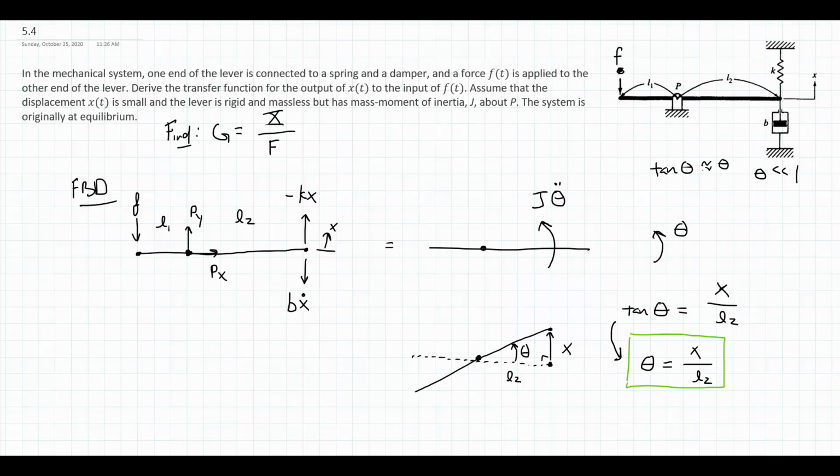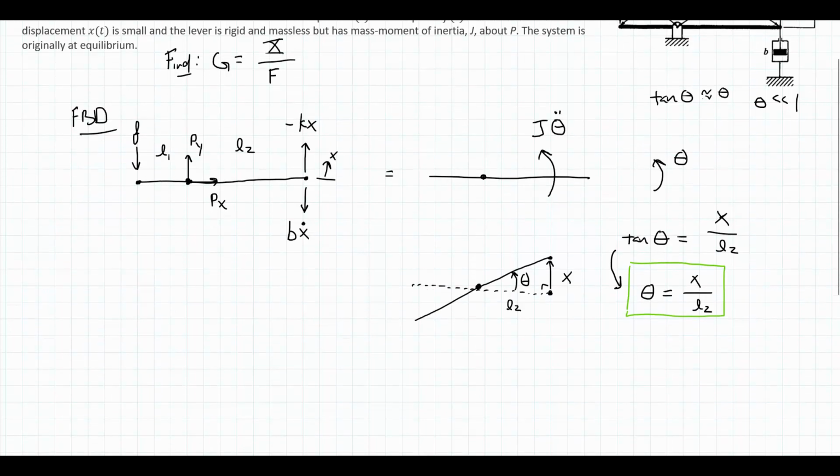If this is rotating more than 5 degrees, these simplifications are going to introduce a lot of error into our problem, and we should solve it using the nonlinear relationship. But for this course where we're keeping things linear, this approximation will be okay for small angles of rotation. So we'll work this in as we get into the equation of motion step.